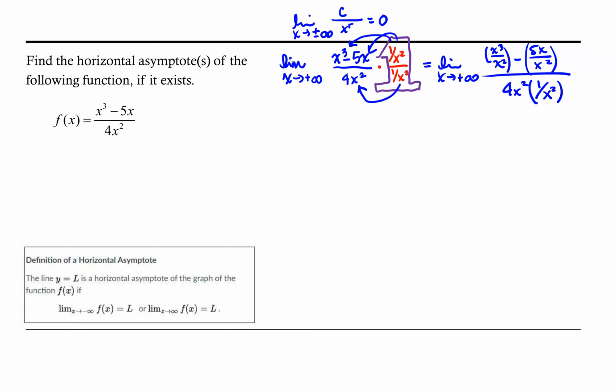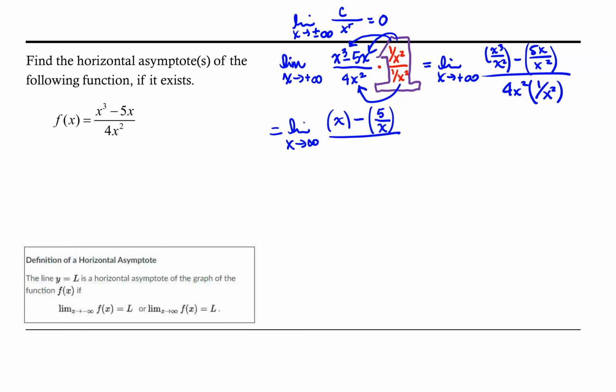Okay, so let's do some simplifying here. We have x cubed over x squared, so that's going to simplify to x. So we have the limit as x approaches infinity of x minus 5x over x squared will simplify to 5 over x, and then 4x squared times 1 over x squared.